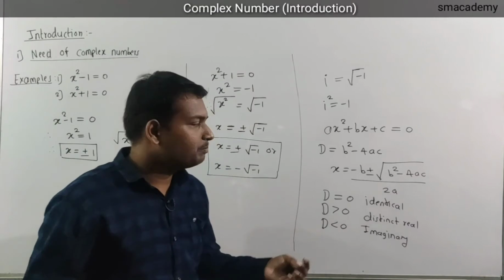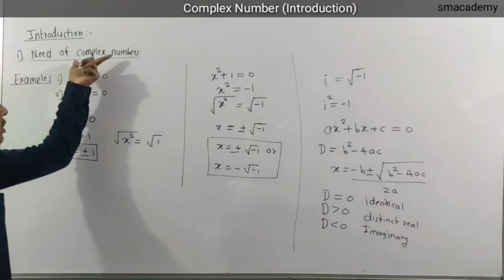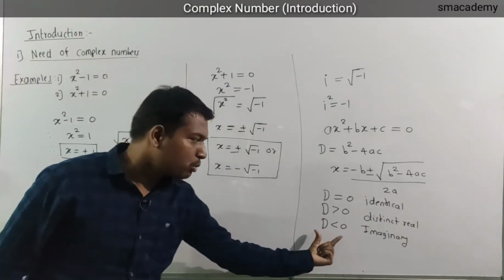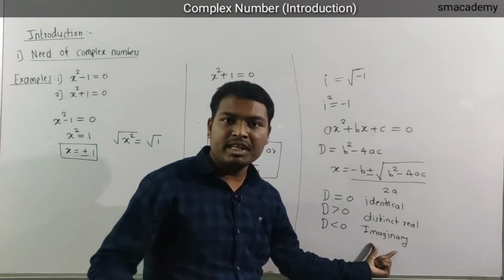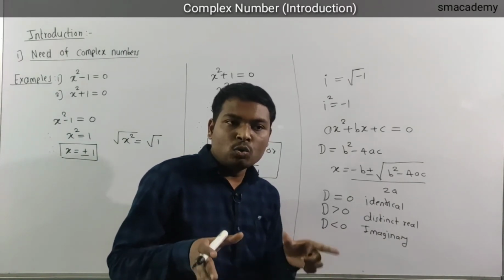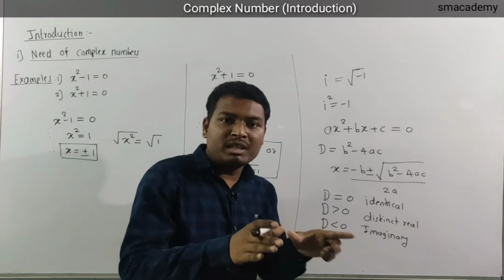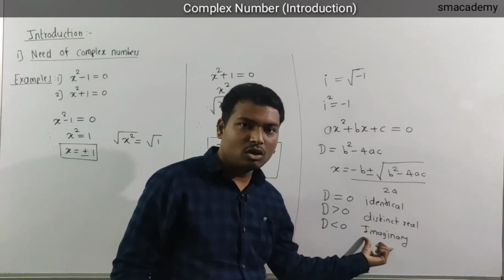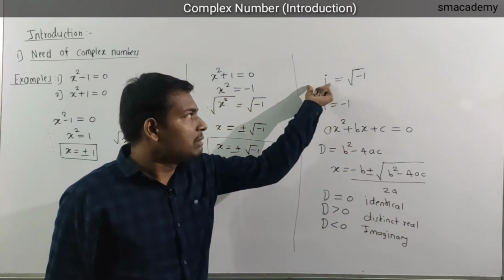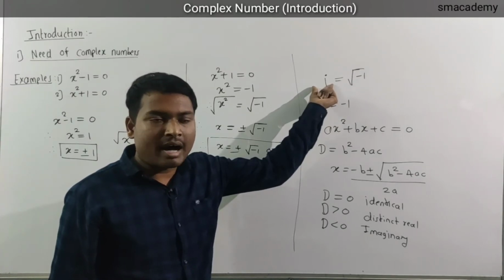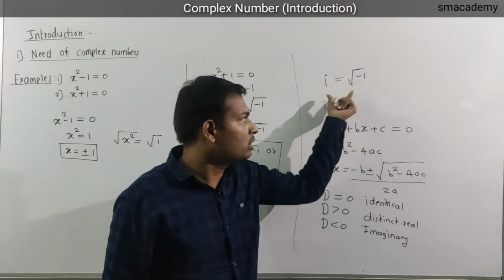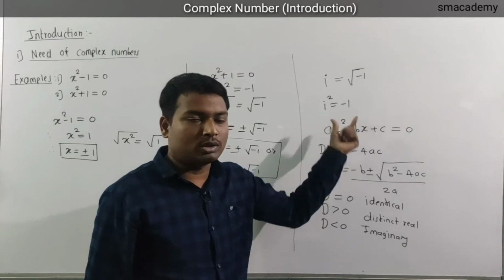Therefore in this chapter, complex numbers, this type of imaginary roots can be introduced. To put the concept of imaginary numbers, we use the symbol small i called iota, and the value of i is equal to root minus 1 and i square equal to minus 1.